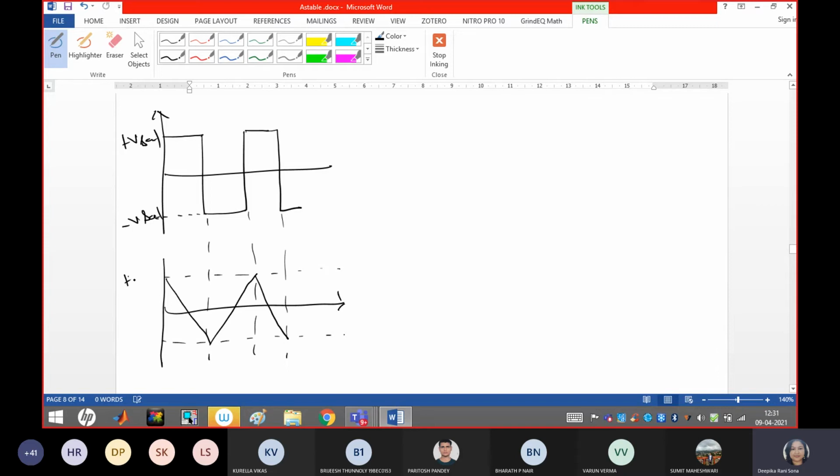So this is plus V ramp, this is minus V ramp, and here I have to take the time period, because suppose the entire time period is T1, this is T2, then only I may get a complete time period of T1 plus T2 for a triangular waveform. But at the middle it is changing from plus V ramp through 0 to minus V ramp. So this point is T by 2.